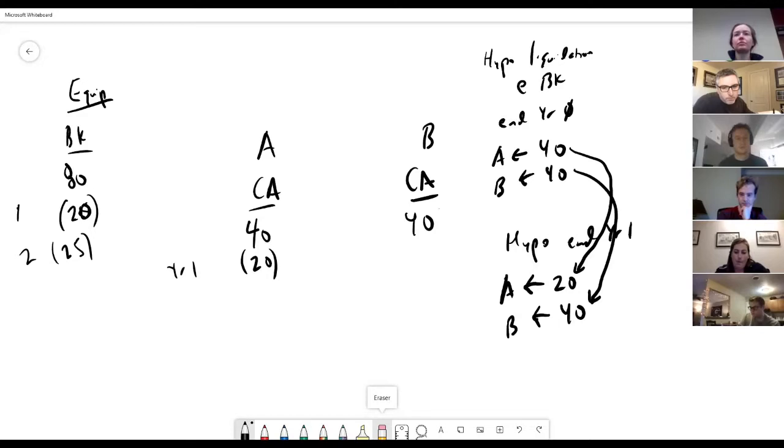We have to test for substantiality, but we're going to bracket that off for now. So it has economic effect. We go to year 2, and we can put it on the board to see. What would happen is this would drive A's capital account to -5, and B's would be 40.